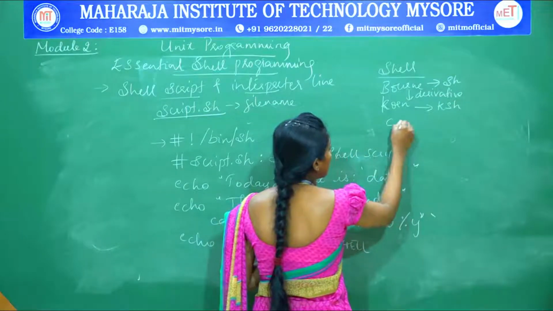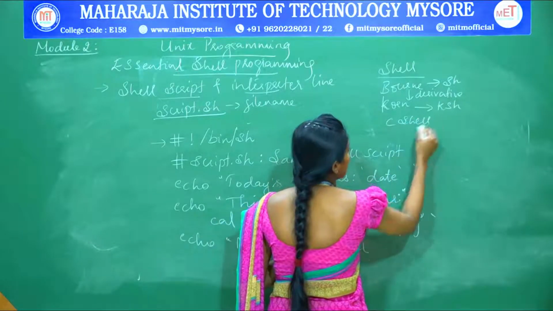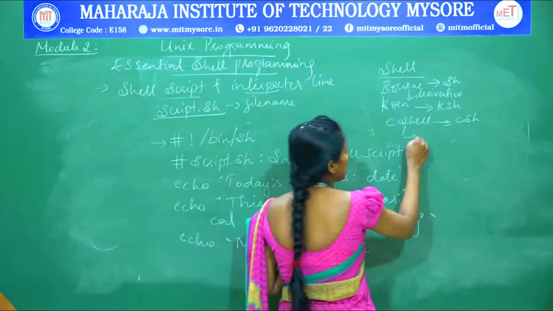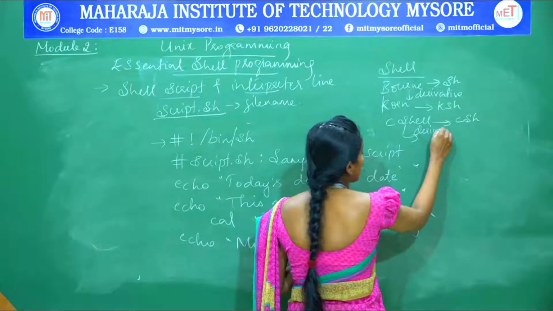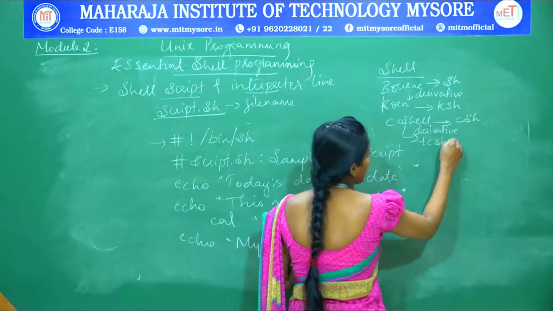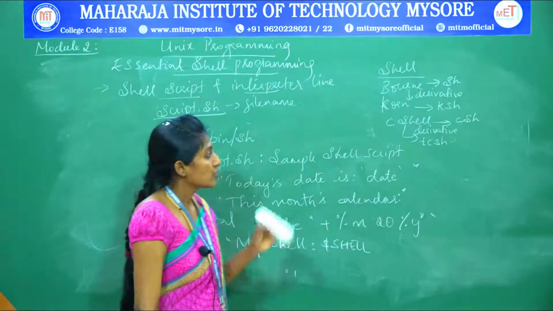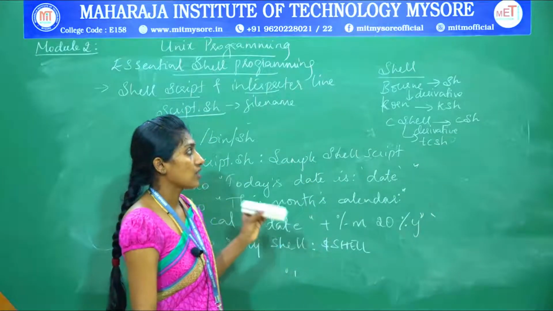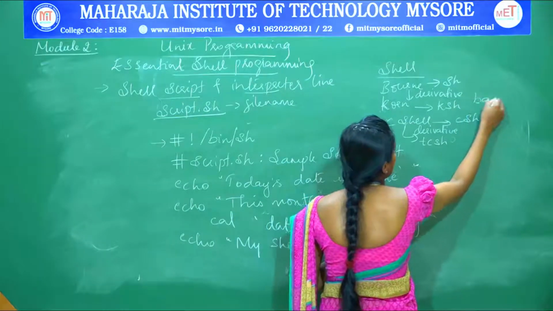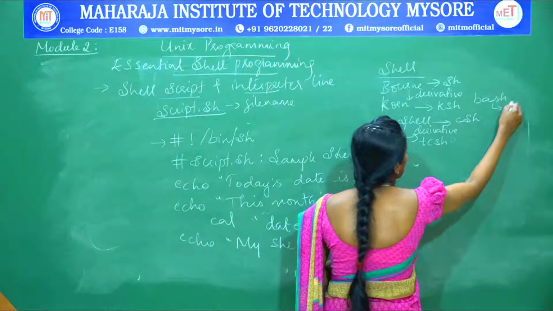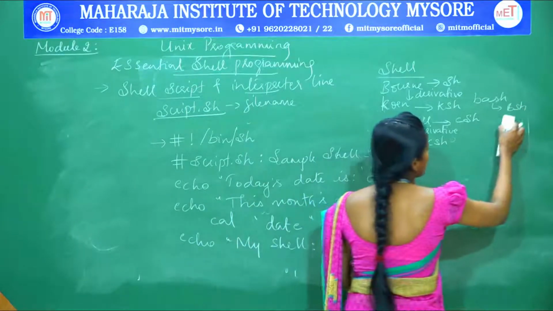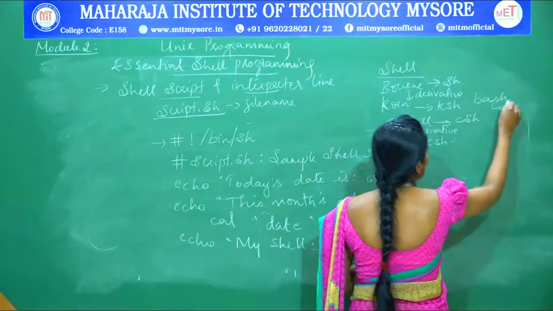Likewise, we have the C shell, which is represented with csh, and the derivative of the C shell is tcsh. These are the different representatives. Under the Bourne shell, we do have one more, that is the bash shell, represented with bash itself.